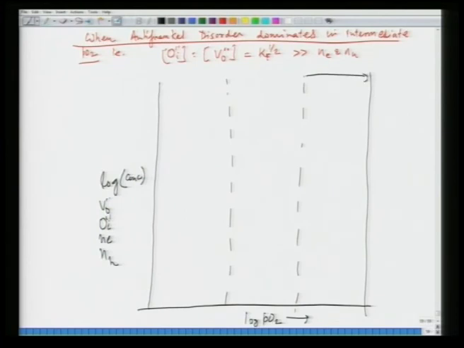So, this is the region of high PO2, low PO2, and this is intermediate PO2. So, first up, this would be your intermediate pressure condition, that is OI is equal to VO. So, we have drawn the OI and VO line.